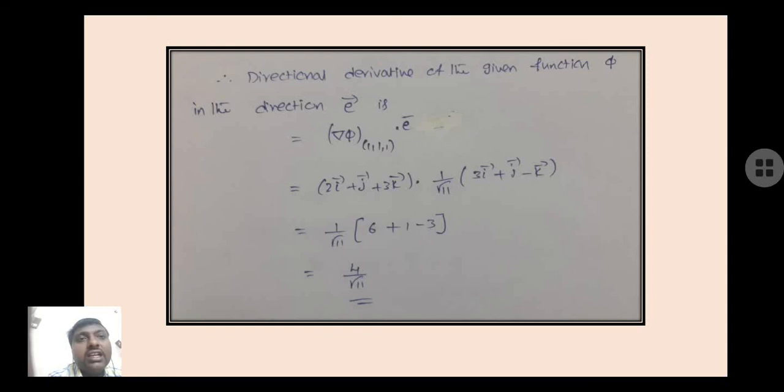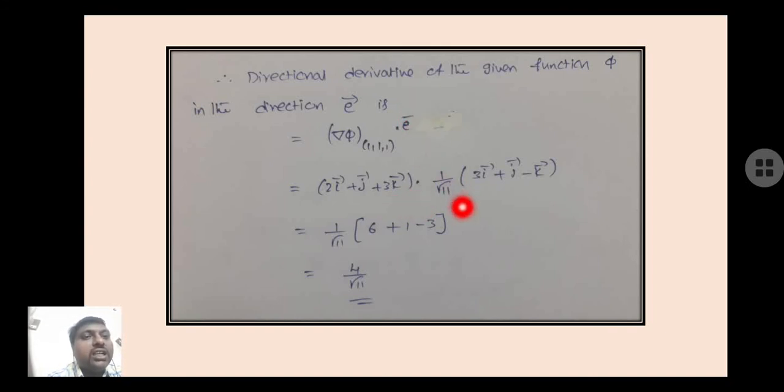So the directional derivative of the given function phi in the direction of E, where E is nothing but the normal to the surface of scalar point function f, is del phi at (1, 1, 1) dot E bar. So del phi at (1, 1, 1) is 2i bar plus j bar plus 3k bar dot E bar.